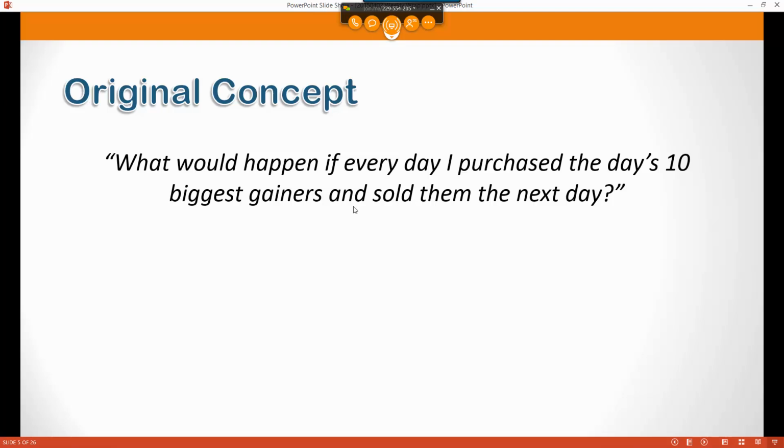So my idea was, what would happen if I found the 10 best stocks of the day, the ones that made the biggest gain, and then bought them at the close of the day they were the biggest gainers, and sold them the following morning at the open? Or what if, instead of buying them at the close, I bought them the following morning and sold them at the end of that trading day?